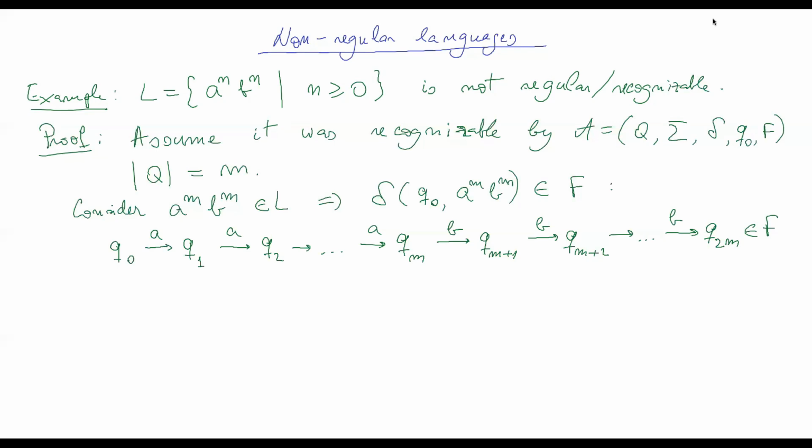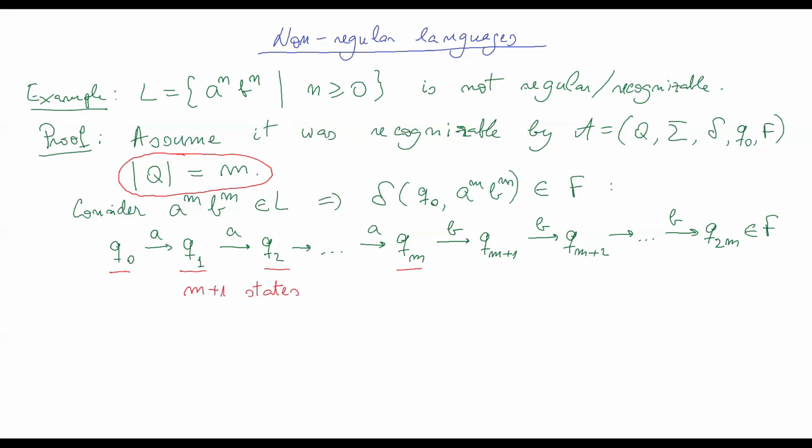Here is the crucial point. Remember that M is the number of states in your automaton Q. You only have M states. But in this part of the computation we have M plus 1 states.